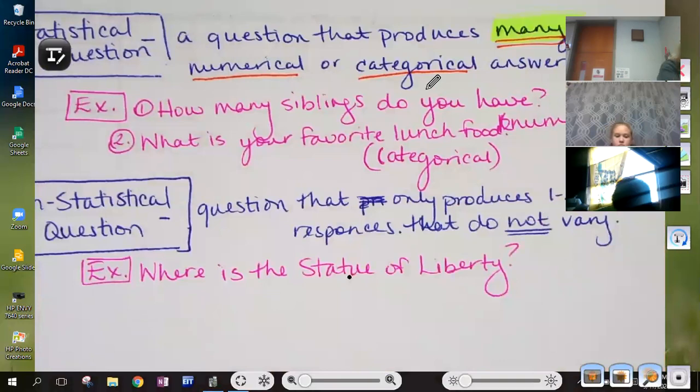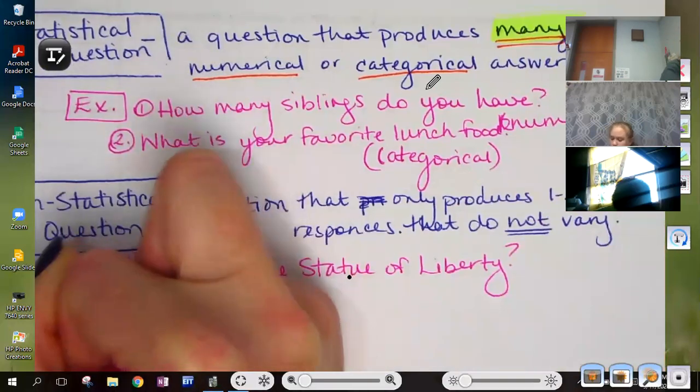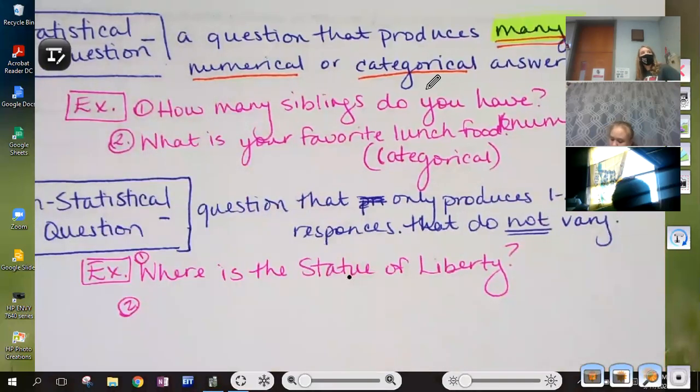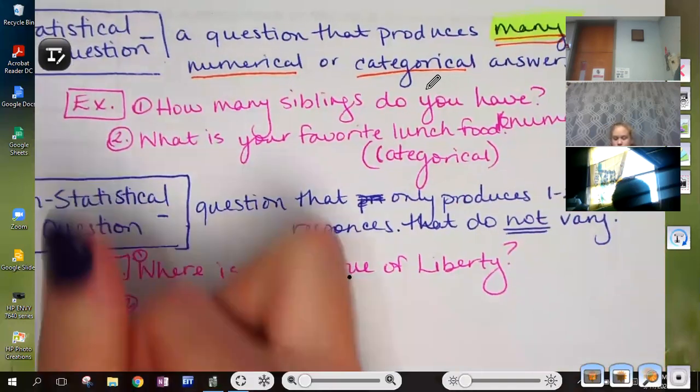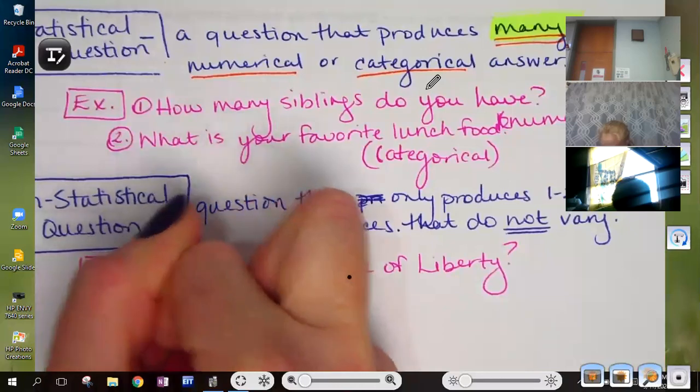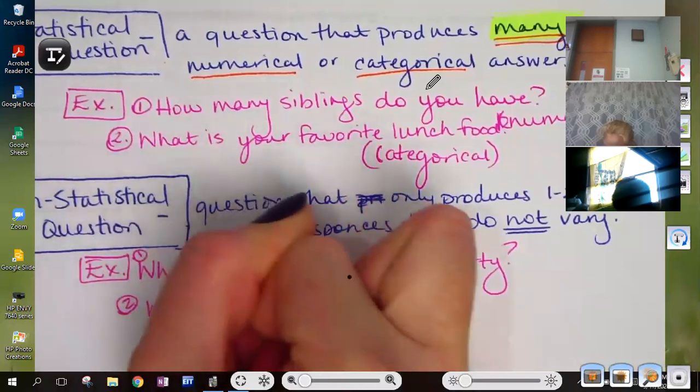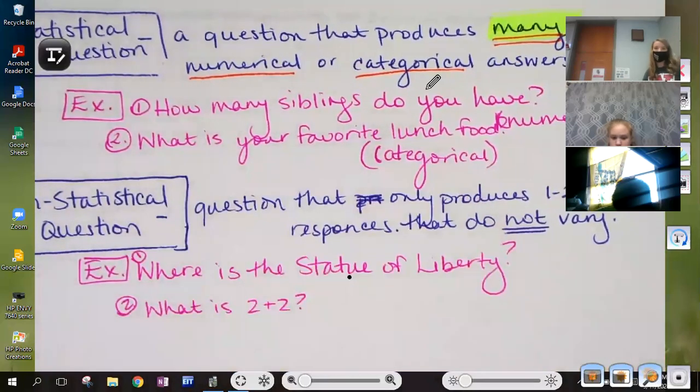Good. Can y'all think of one more? Hayden James? What is 2 plus 2? Good.